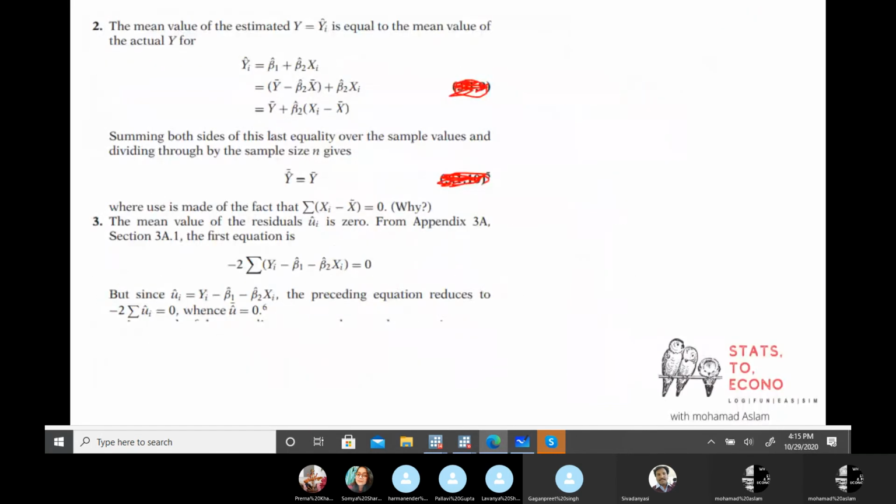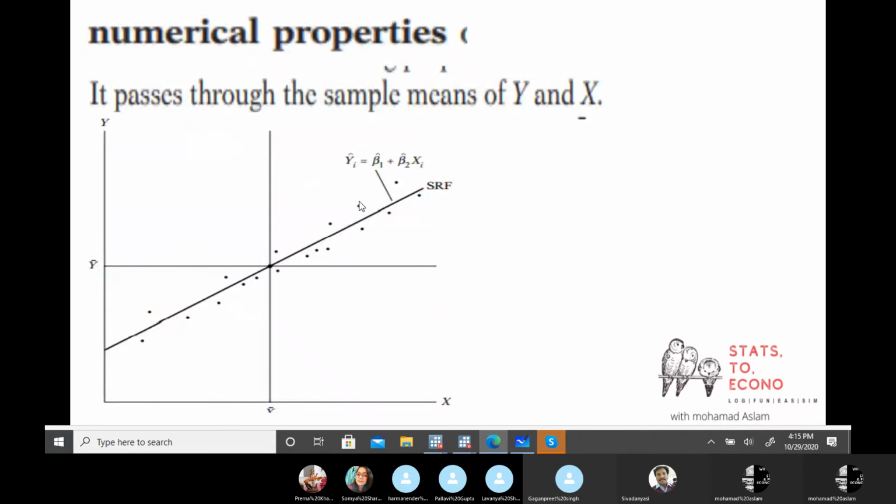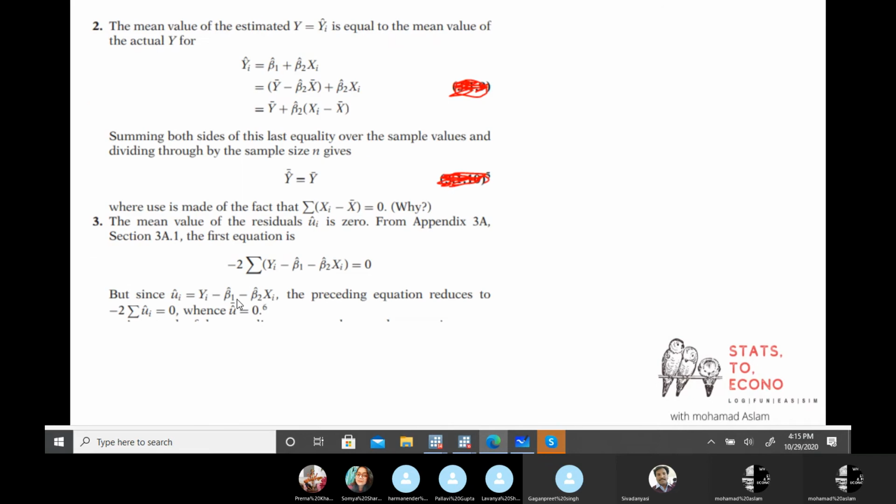Like in this graph, somewhere it's on the upper side, somewhere on the downside. So it's distributed, and that is what we need. If it's more than 0, it means it's not equally distributed, so there is some problem, and then this property will also not be possible to prove.